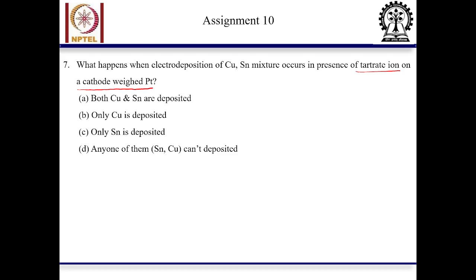Any guesses? Sunil or Shweta? Yeah, Shweta is saying B. Why B?